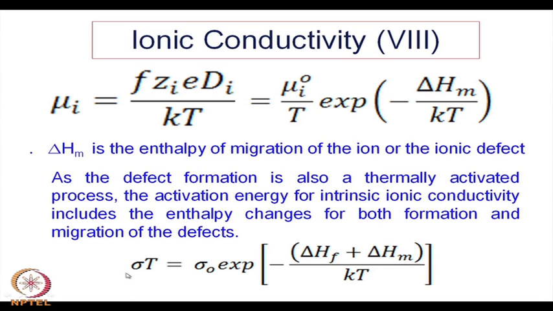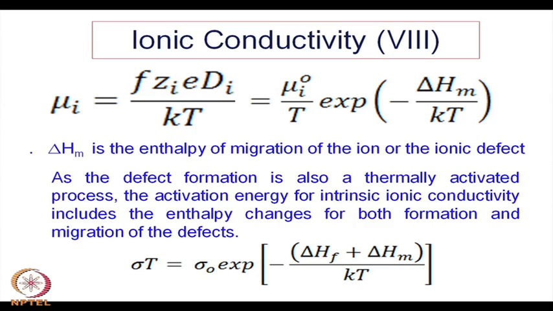So, when we are talking about sigma T, this is only for the migration, the mobility term, but if you are talking about the concentration of the defects, how many ions are actually taking part in the process, that depends on how many defects are there.